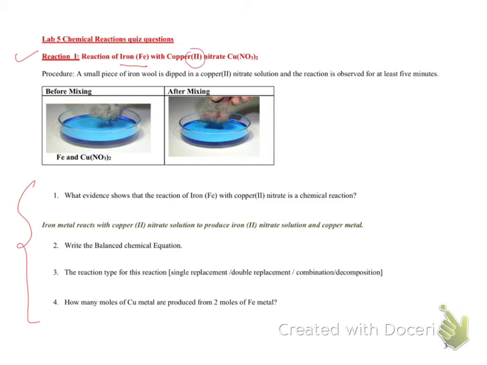What happens here is this blue color solution of copper nitrate, and we take this iron wool, which is gray in color, we observe it, and after some time we see that there are some chunks of brown material here.